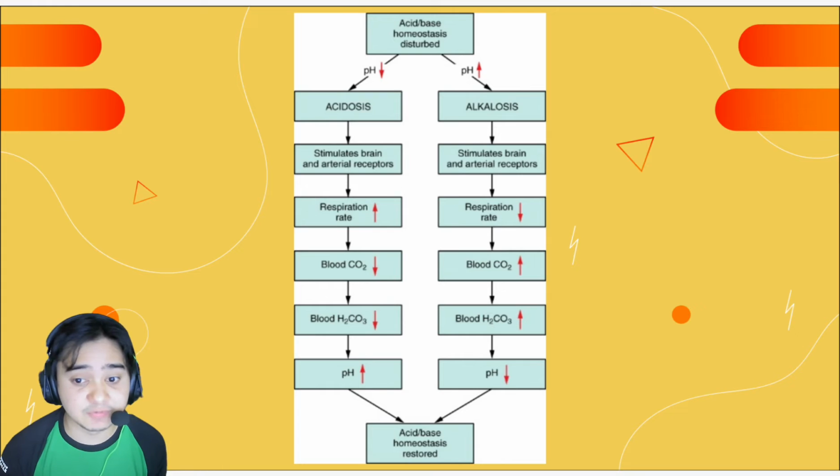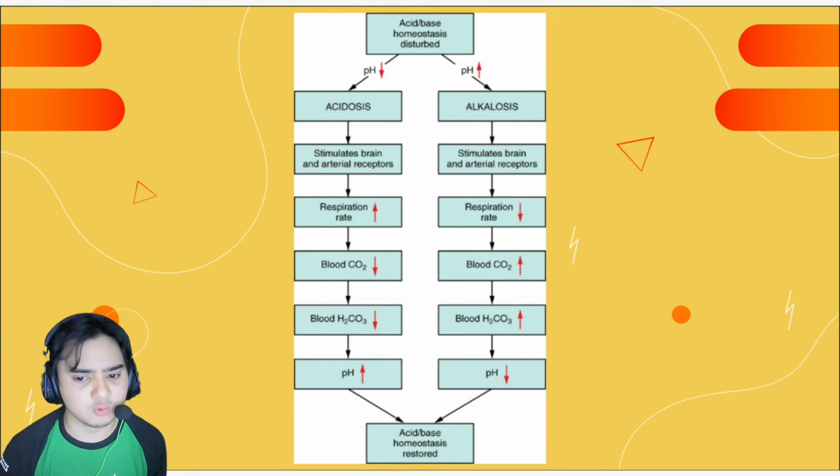On the left side, when the blood pH level is low, it is considered acidosis, a condition where there is too much acid in the body fluid. If there is too much acid in the body fluid, there will be an increase of respiration rate, the process of inhalation and exhalation, in order to release a great amount of carbon dioxide from the body.